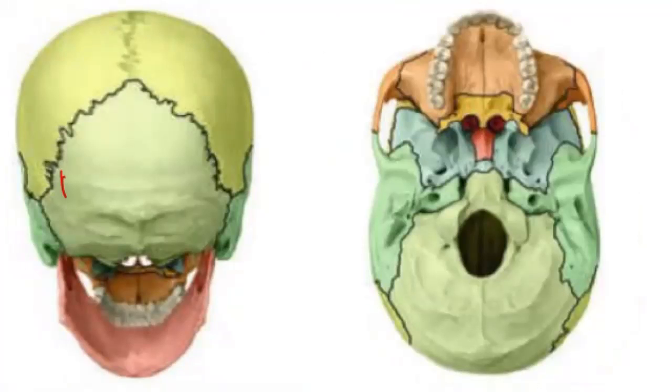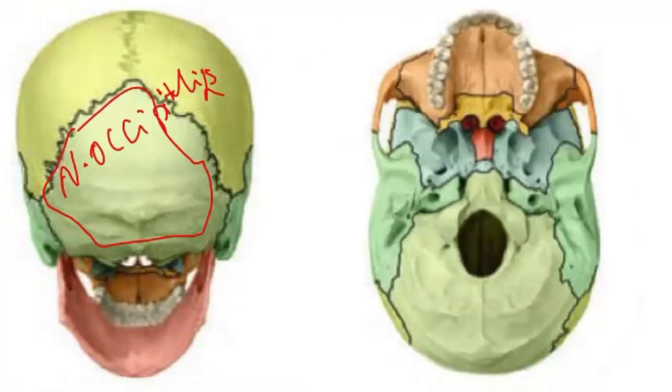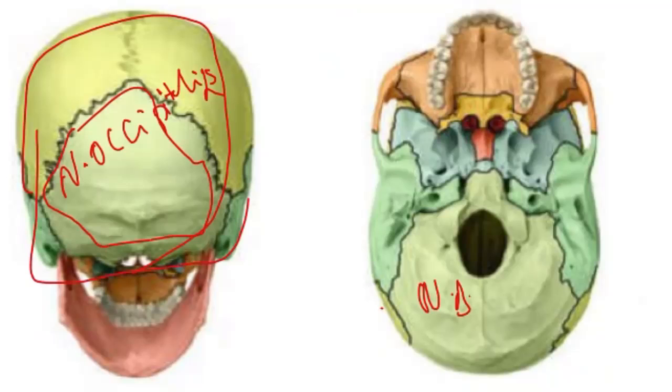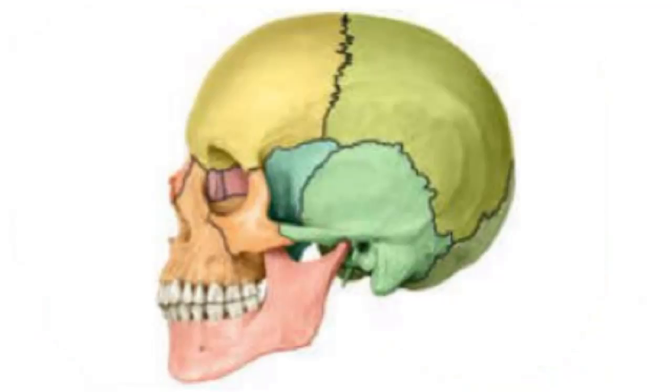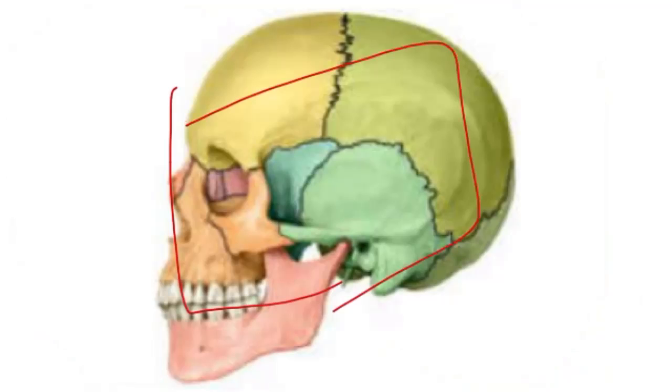This is norma occipitalis, because we can appreciate the occipital bone, all the posterior aspect of the skull. This is norma basalis, the base of the skull, and this is the lateral aspect of the skull. So this is norma lateralis, right?